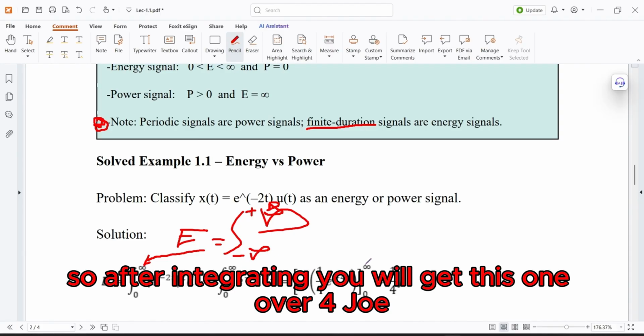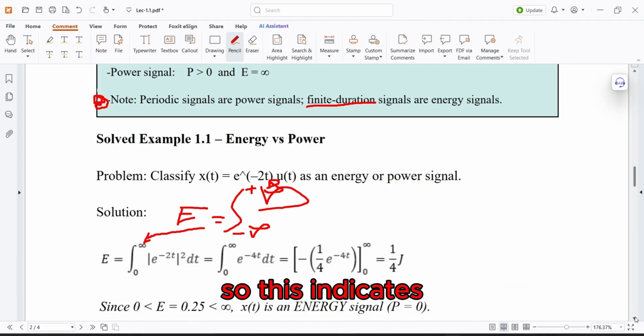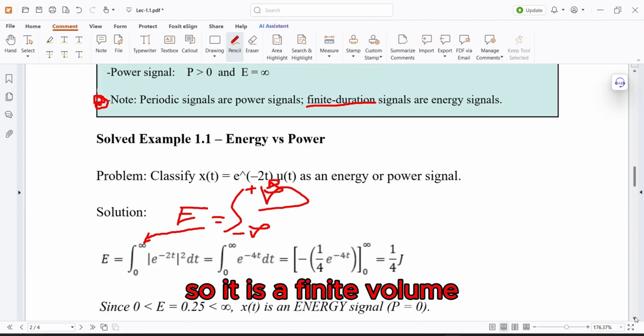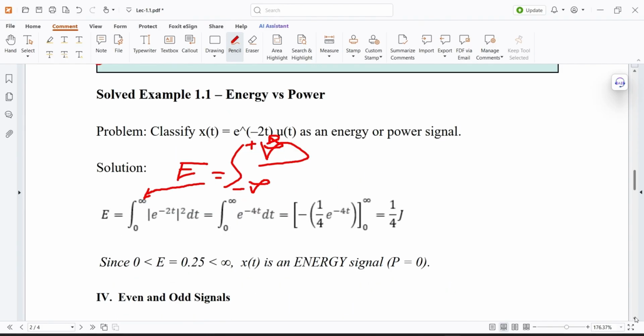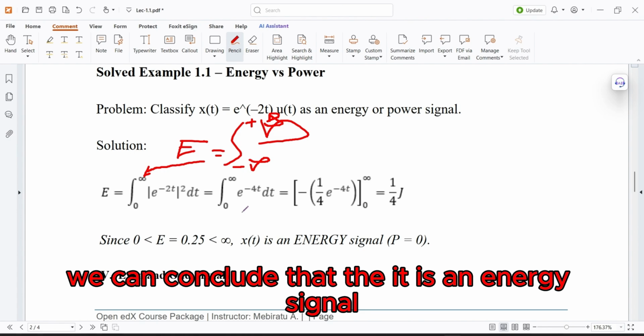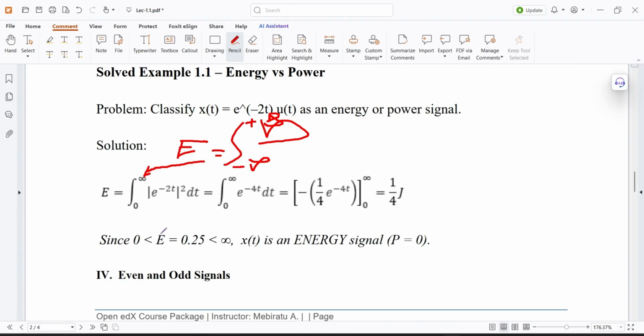After integrating, you will get 1/4 joule, which is a finite value. This indicates that the energy is between 0 and infinity, so it is a finite value. Therefore, if energy E is a finite value, we can conclude that it is an energy signal. The given signal is an energy signal.